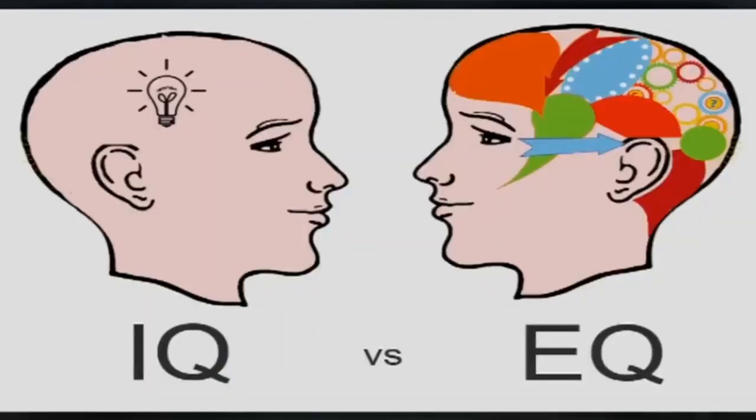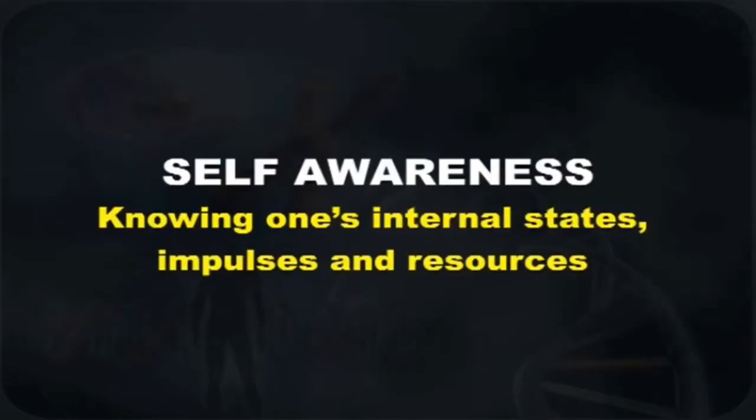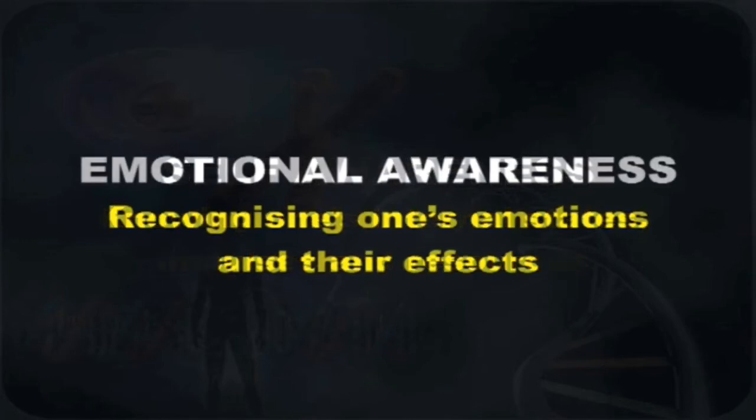One approach taken for working on increasing EQ is to increase emotional competency, which can be broken down further into specific competencies. Some of these competencies can be self-awareness. Self-awareness: knowing one's internal states, impulses, and resources.